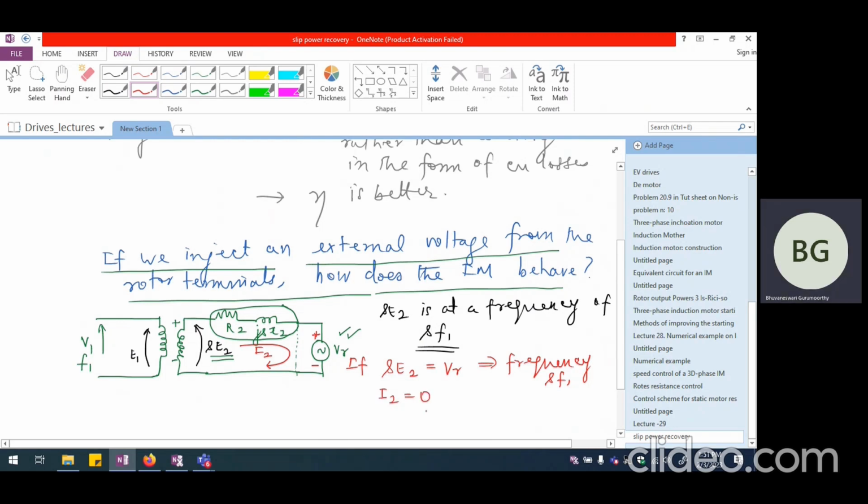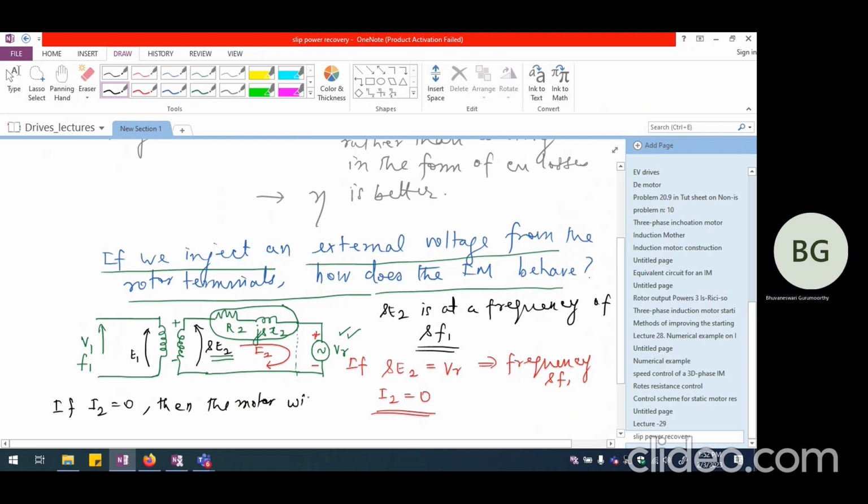If I have S E2 equal to VR and the polarity is like this, the frequency also the same, and there is no phase difference, everything is the same, in that case I2 is equal to 0. So if I2 equals 0, then the motor will be on no load.